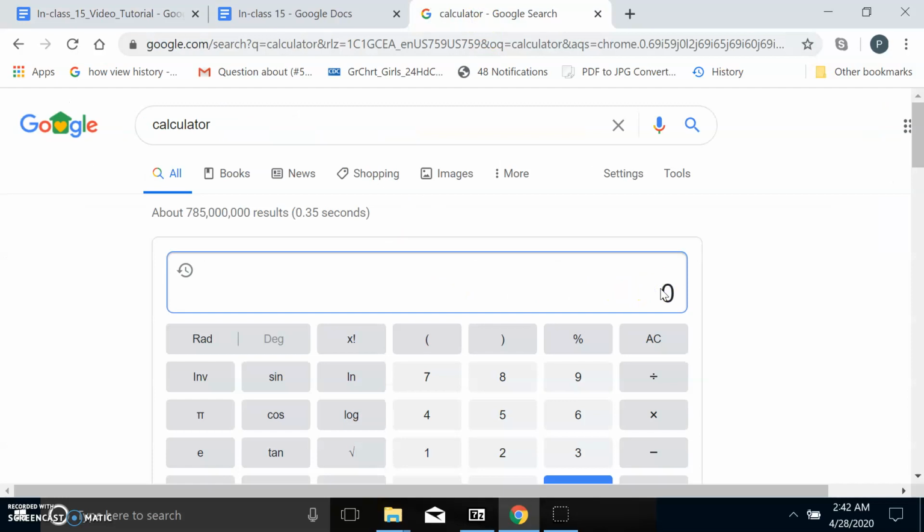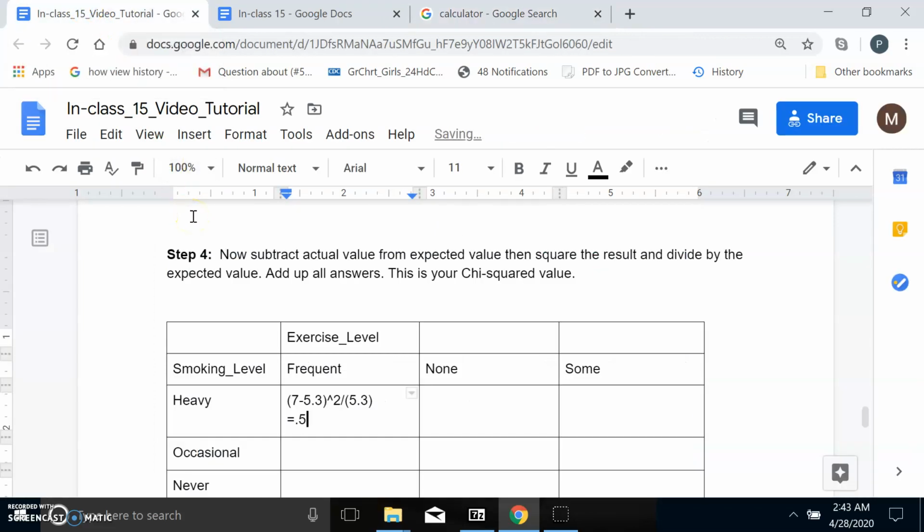It would be 7 minus 5.3, then squared, then divided by 5.3. Let's see what we get here. Let's round it to two places. It'll be 0.55. Go back over here. So it'll be 0.55.